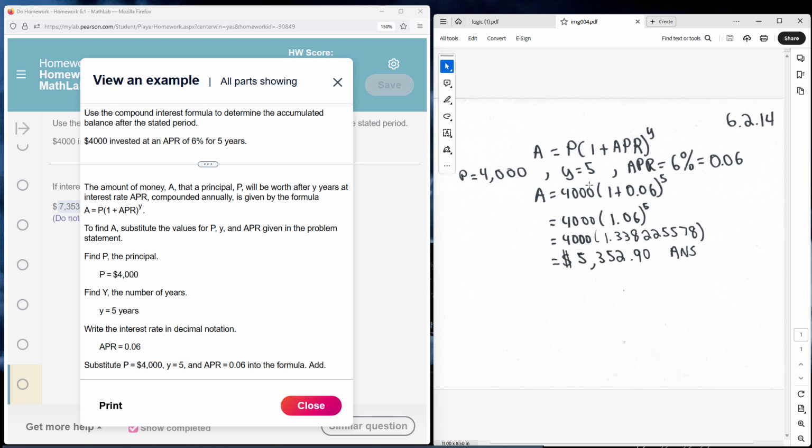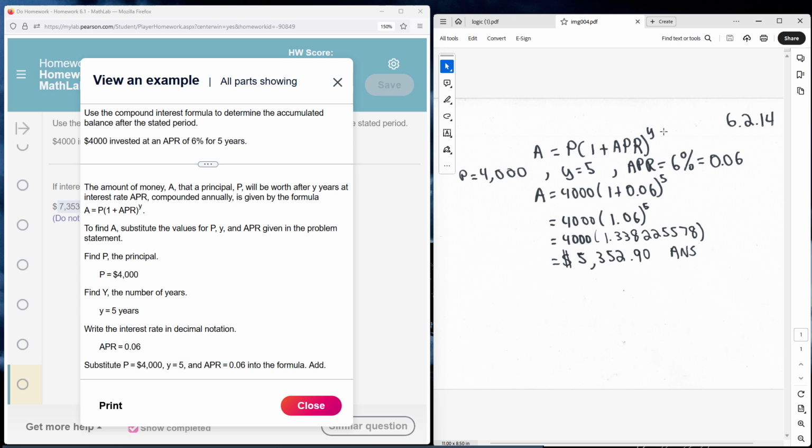The Y here in the formula is the number of years it will be invested. And the APR is the amount of interest that will be applied over the year for 1 year, which is 6%. Notice I write that as a decimal, 0.06.